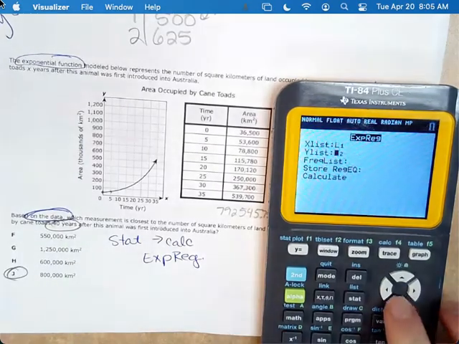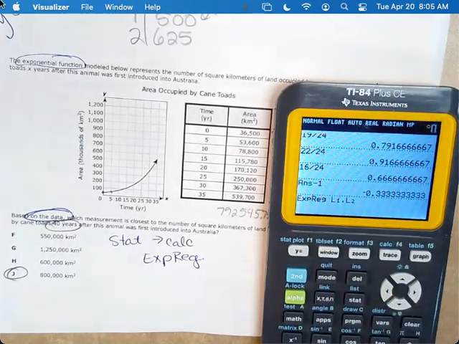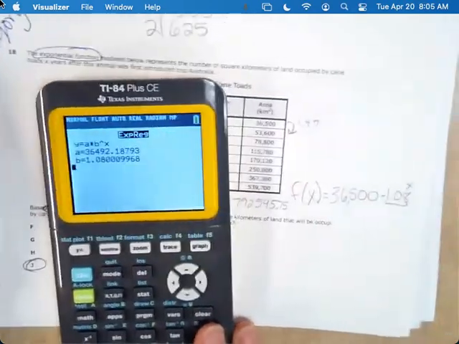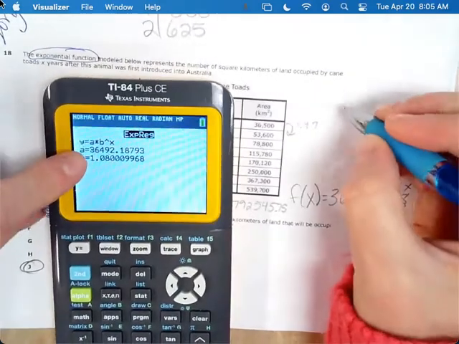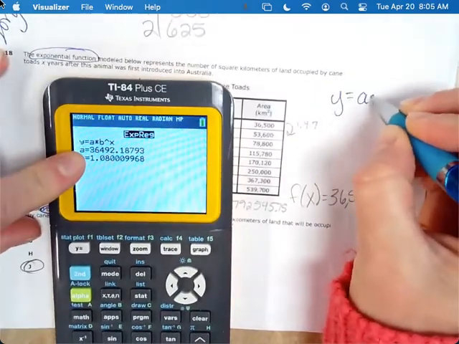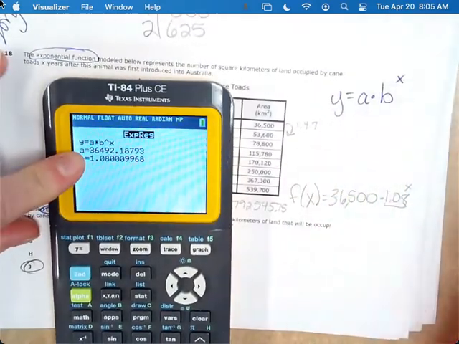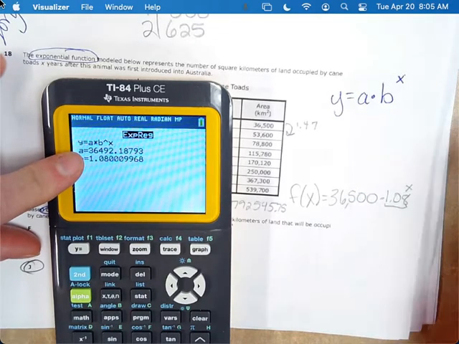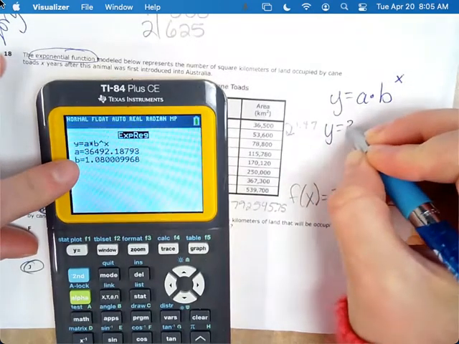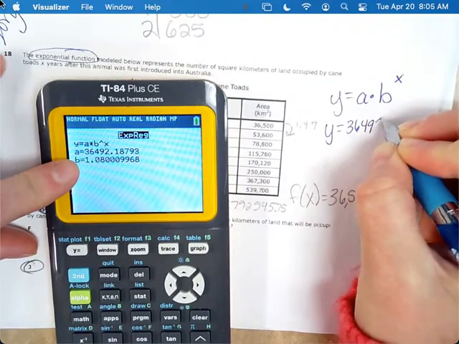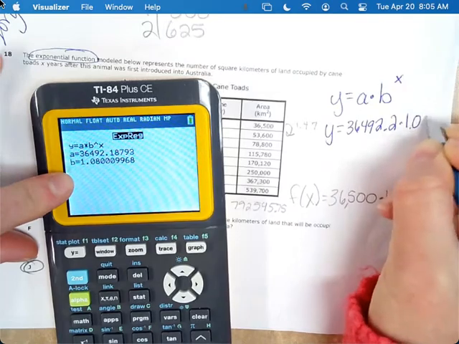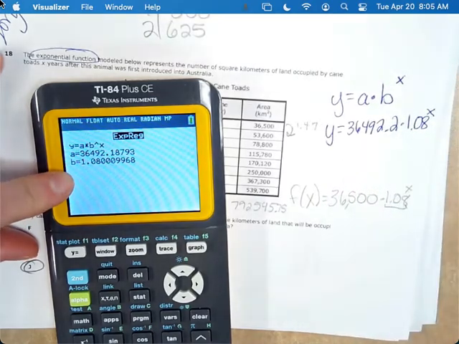Enter, and then go down to Calculate. And then it gives us the equation. So they give us the general form, a times b raised to the x. So that would be 36,492.2 times 1.08 raised to the x value.